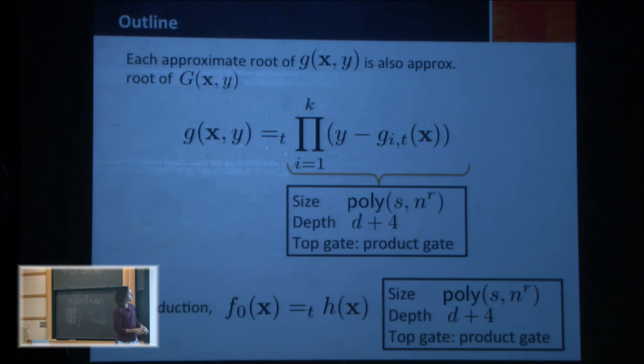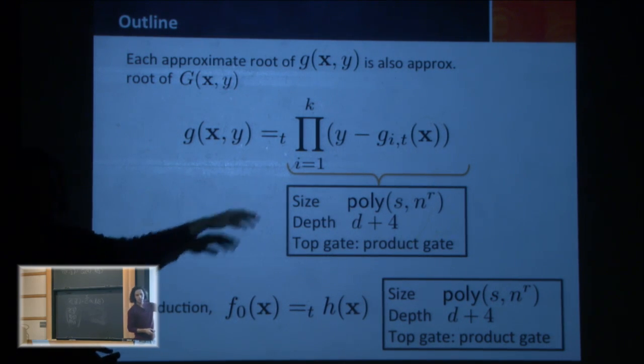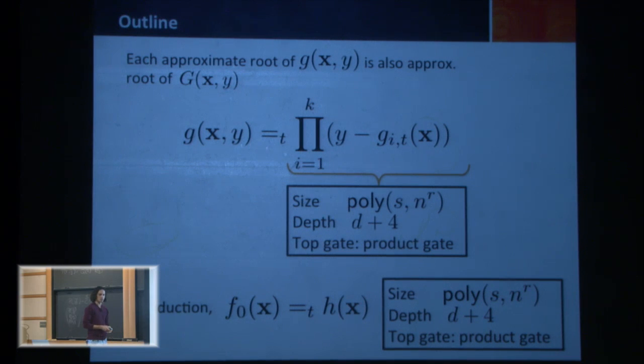It's only because to obtain this y minus g, I need the bound on the individual degree. That's where I use the bound there. And that's why the size also is poly(s n^r). So why is it again n to the r? It's just because of their result.